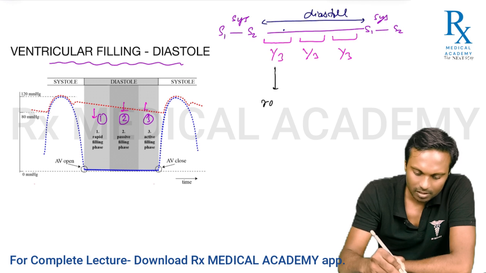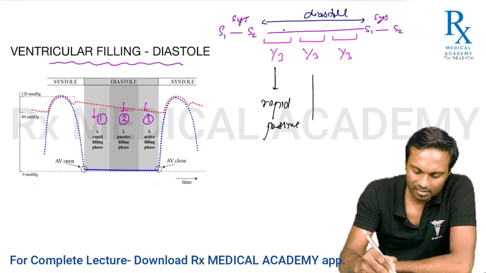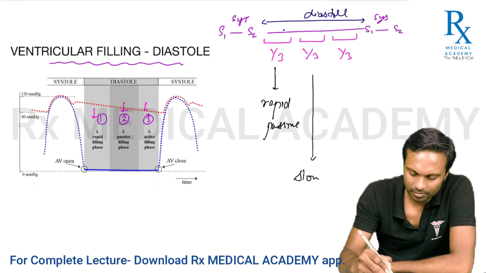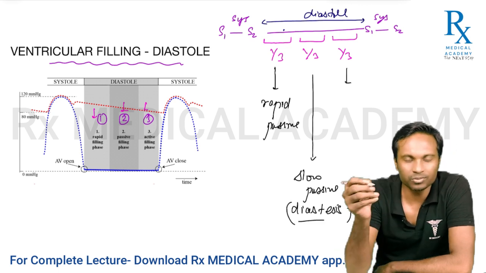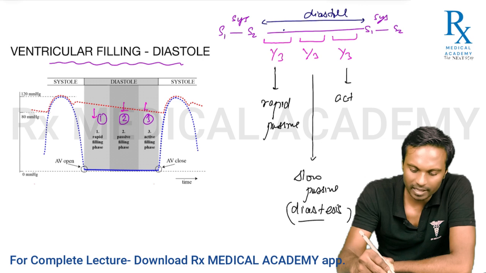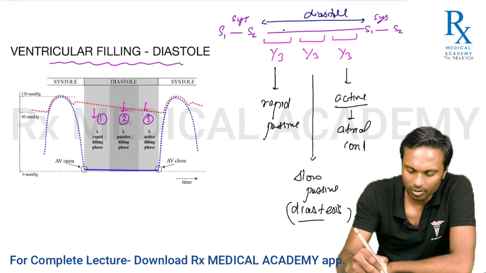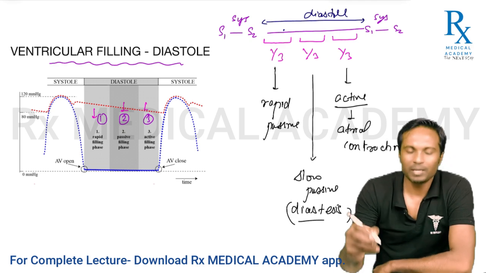This is rapid passive filling. This is slow passive. This particular thing is also known as diastasis. Last but not the least, the rest of one third blood will be provided by active filling, and this active process will be atrial contraction. Too simple to understand.